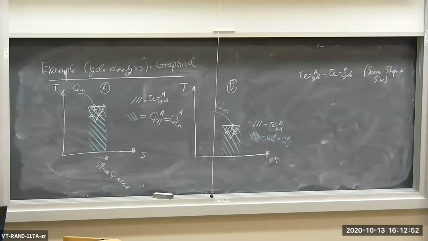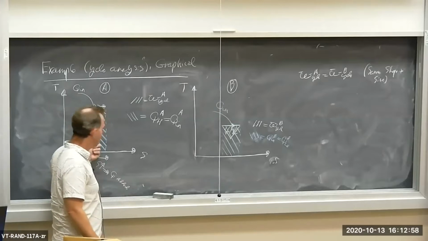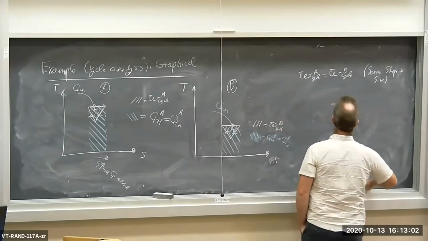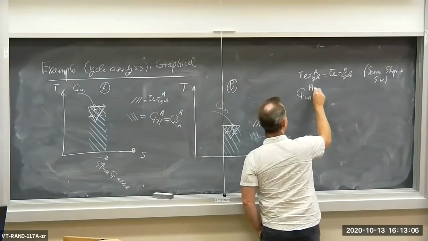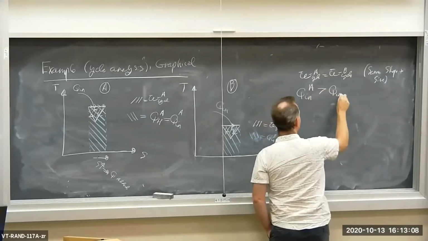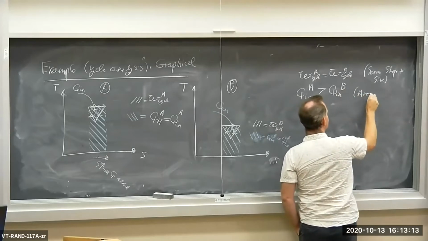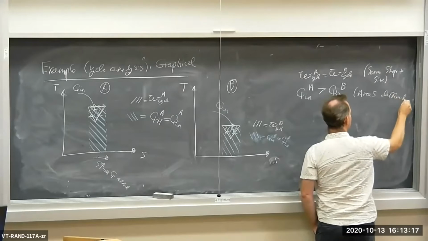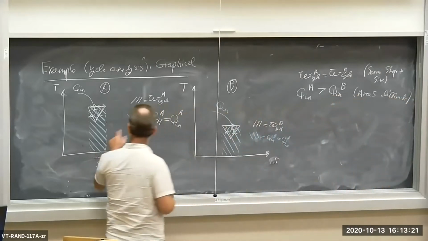So Q in is represented by that area. Which cycle has a greater heat input? This part, cycle A. So note, Q in A is greater than Q in B. Areas different. And what areas am I referring to? I'm referring to the crosshatch areas, okay?